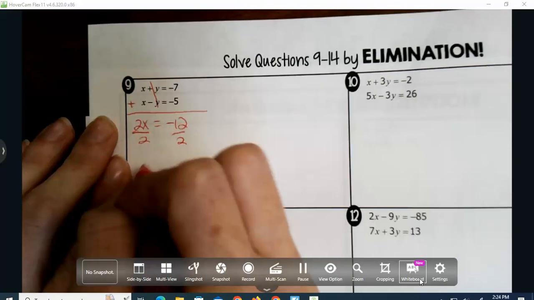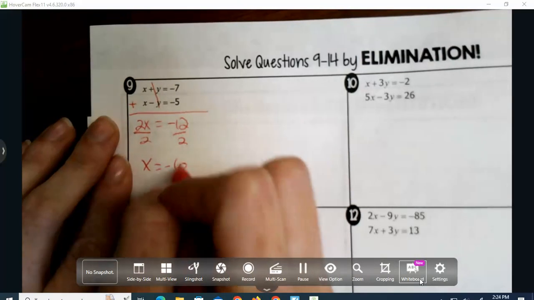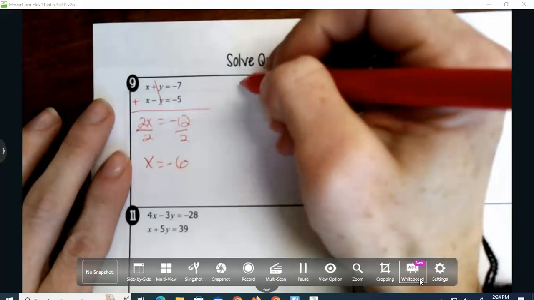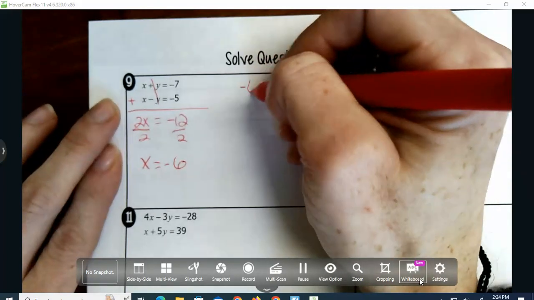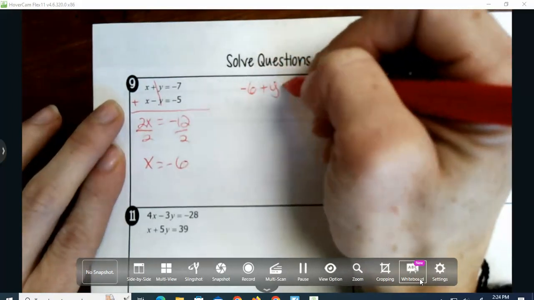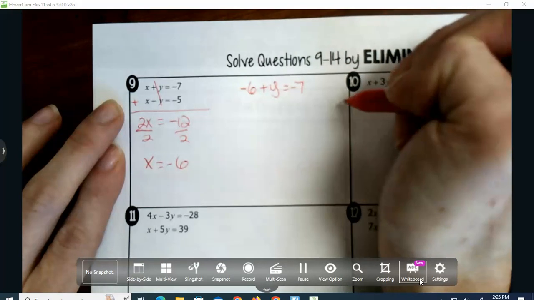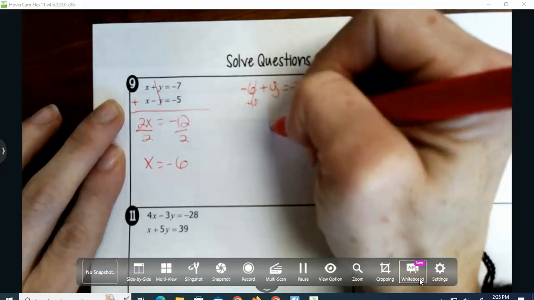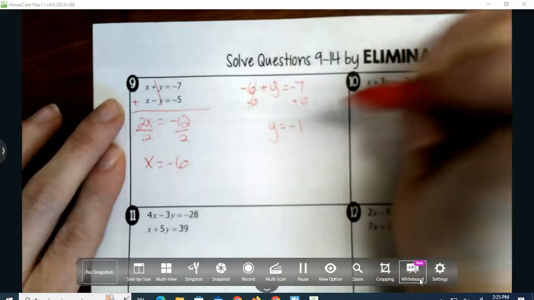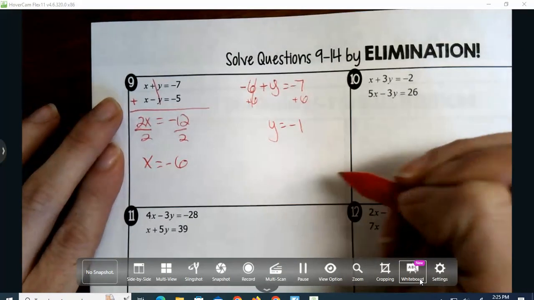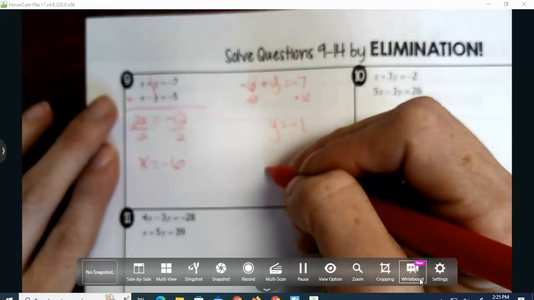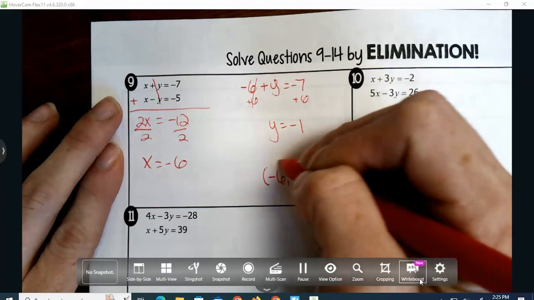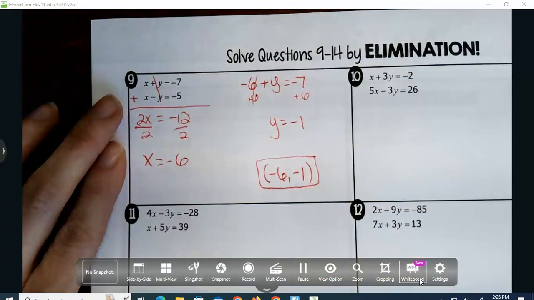Divide by 2. Plug that back into either equation. So if I go with the first one, negative 6 plus y equals negative 7. So if I add my 6, y is negative 1. So my ordered pair, negative 6, negative 1.